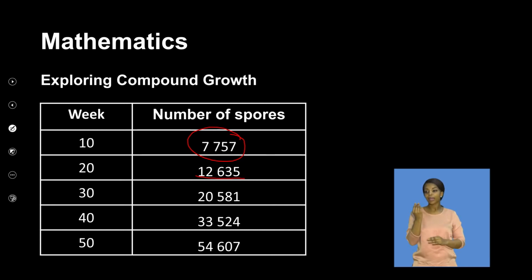Because it's 12,000, so it's slightly less than double. If you go to 30, you can see now it's more than double that, right? So it actually took until 30 weeks to double from 10 weeks. 40 weeks, you can see this is a very big number. And then 50 weeks, it's also a very big number.